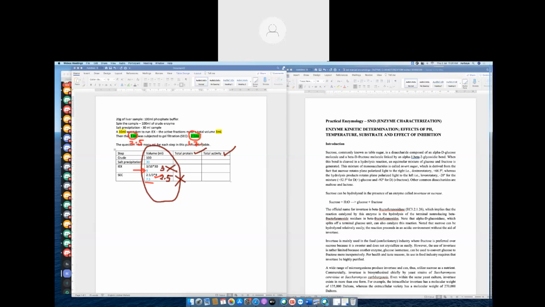If the result here is 1.7 mil based on the 2.5 mil, then here we need to put 1.7 divided by 2.5, multiplied by 9 mil.